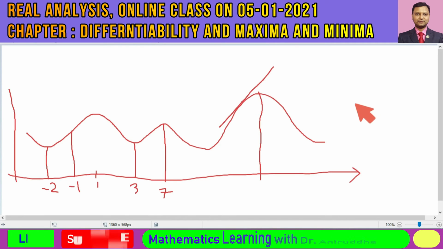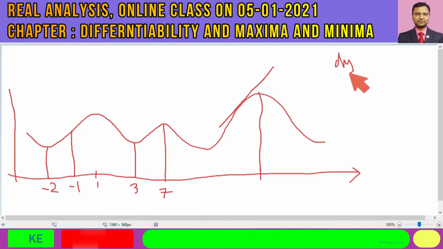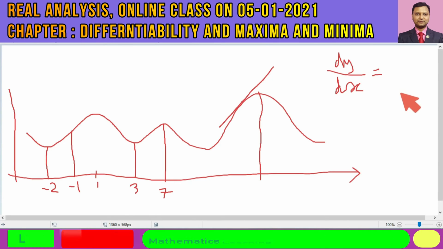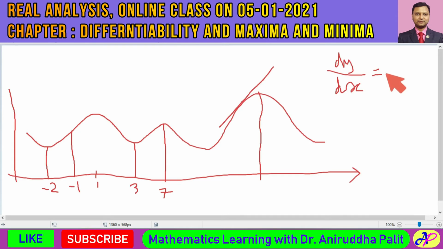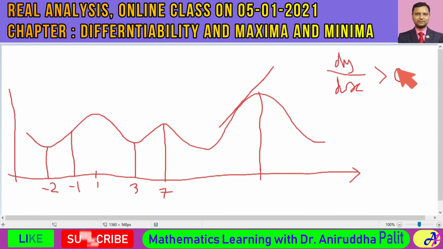So tan theta or dy/dx. Because theta is less than 90 degrees and greater than 0, this tan theta should be greater than 0 on the left side.